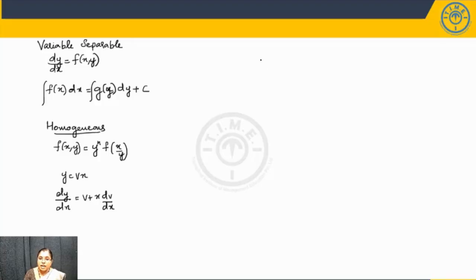And the third case is the linear differential equation. We have the differential equation of the form dy by dx plus p y equal to q, where p and q are functions of x only.